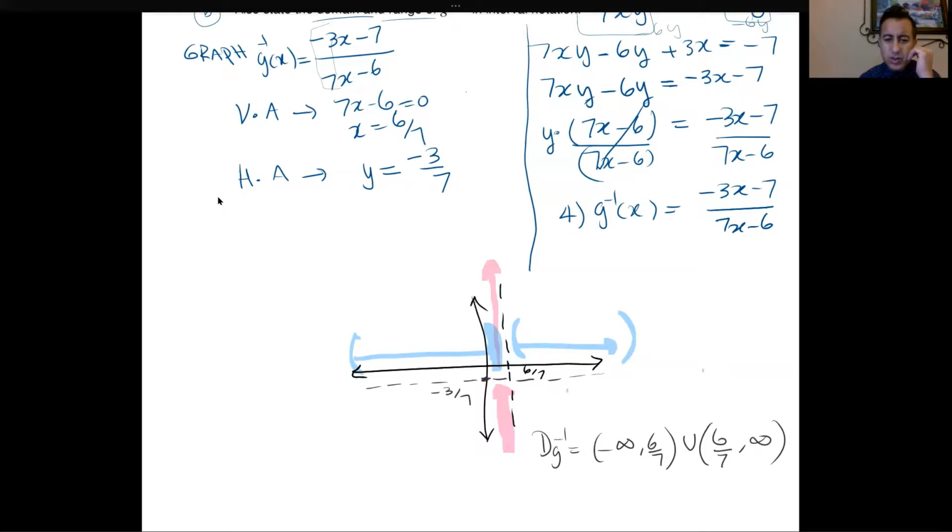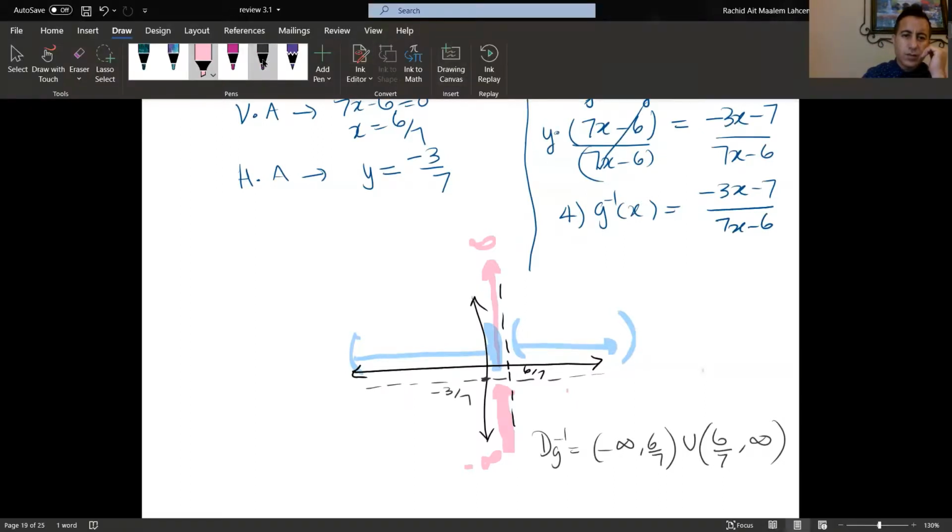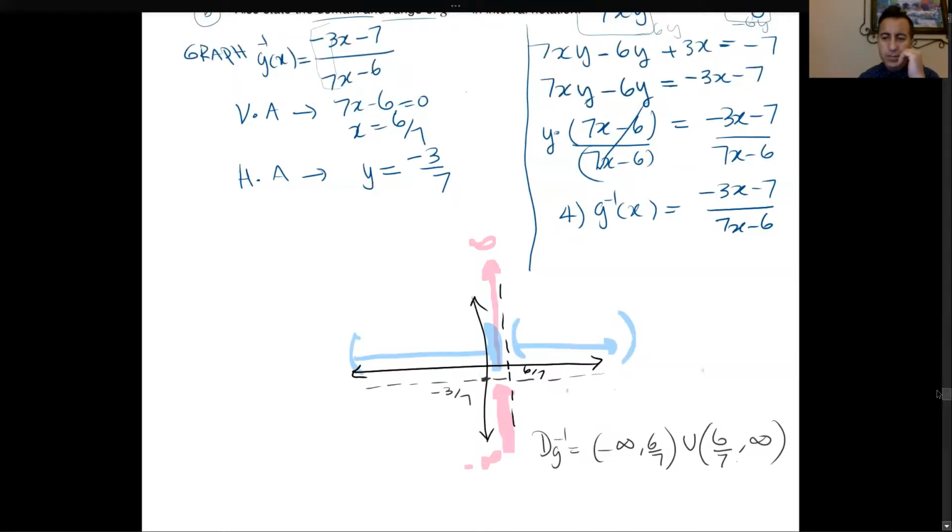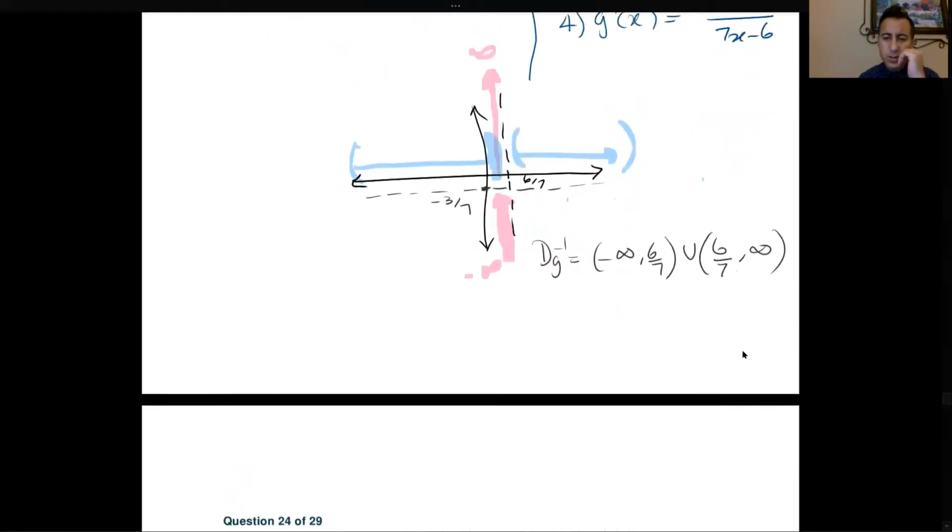So we can write the same thing: it's going to start from negative infinity up to this number, not including this number, and from there again it's going to keep going towards infinity. So the range of the inverse is negative infinity to negative 3/7, not including it, and then to infinity.